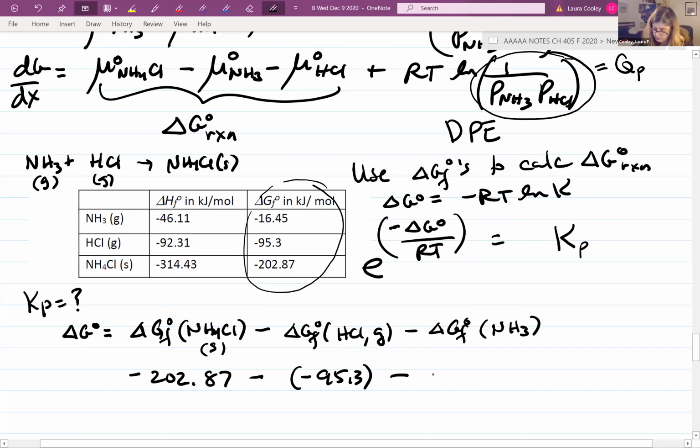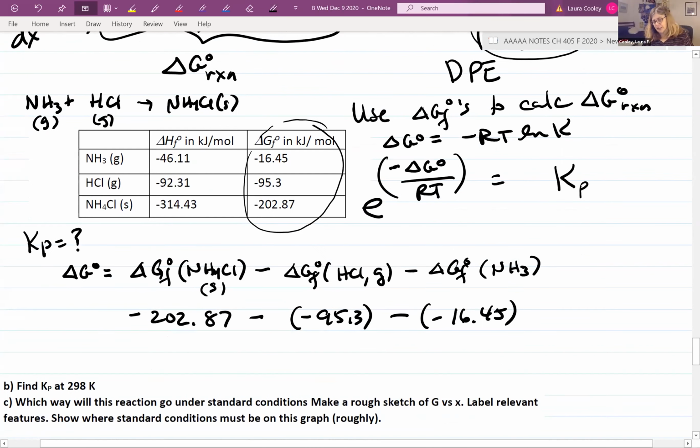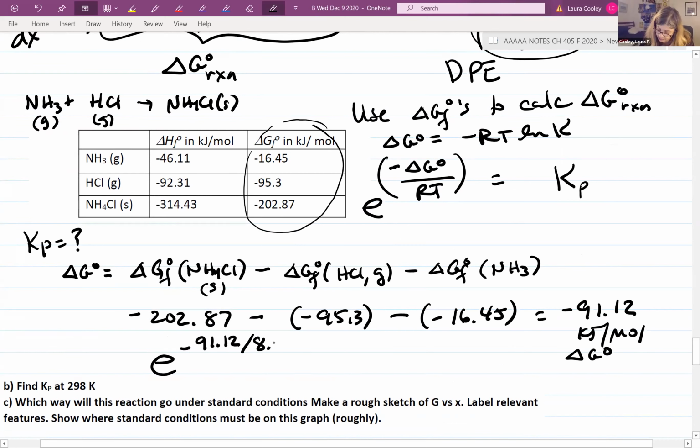I always distribute my negative sign first. I don't wait to do it because I'll forget. So this is minus 91.12. That's the delta G0. So I would go e to the minus 91.12 over 8.314 times 10 to the minus 3 times 298.